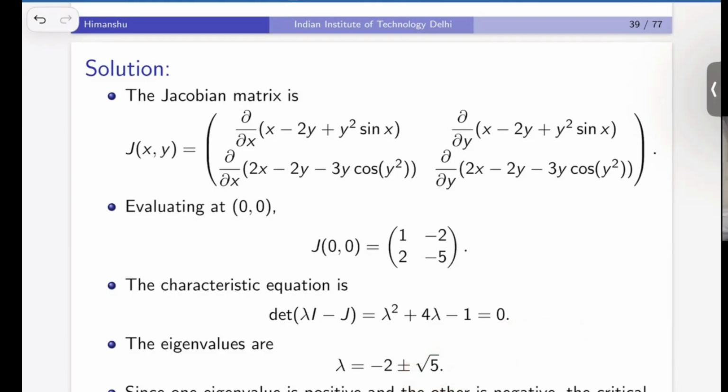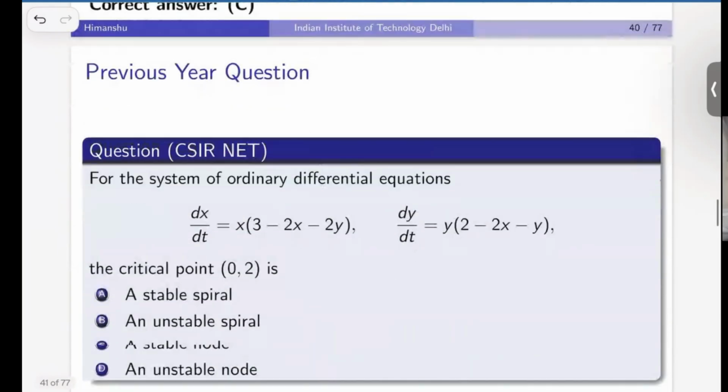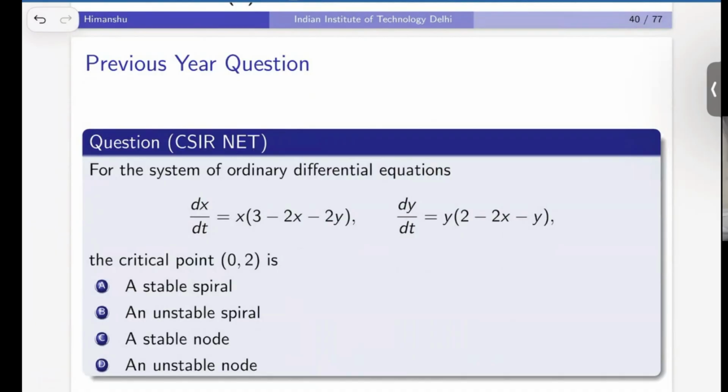So one eigenvalue is positive and another eigenvalue is negative. I have told you the eigenvalues. Now can you tell me the behavior of our system? Is it clear? Very nice. So we have a similar question.